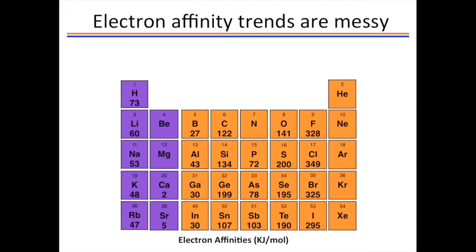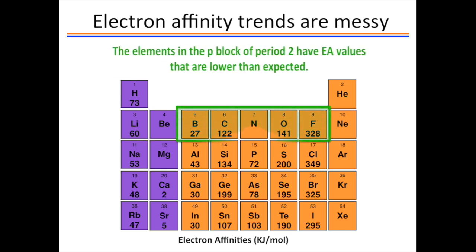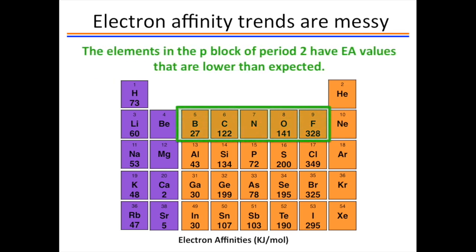While in general, the electron affinities get smaller as you go down a group, there are some clear exceptions. The atoms in the p block of period 2 have electron affinities that are somewhat lower than the atoms in period 3. This is probably because the period 2 atoms are extremely small, and the electron-electron repulsions are greater than in period 3.